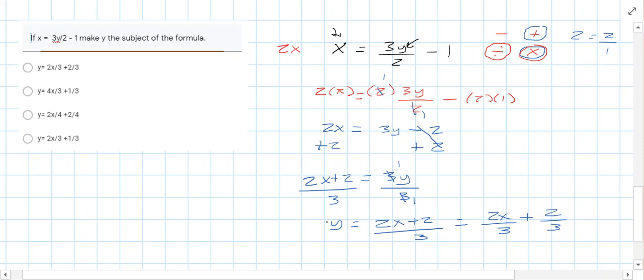So what we've done is we've made y the subject. In this case, y is equal to 2x over 3 plus 2 over 3. And then if we look at the options we have, it's going to be this one here, option 1. So that's how you work out that question.